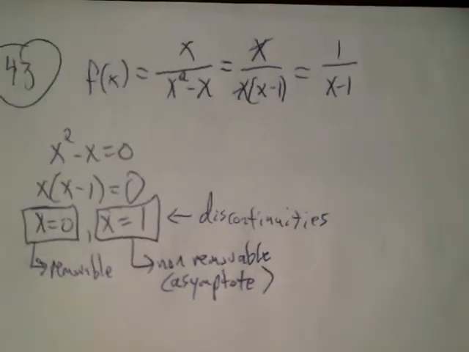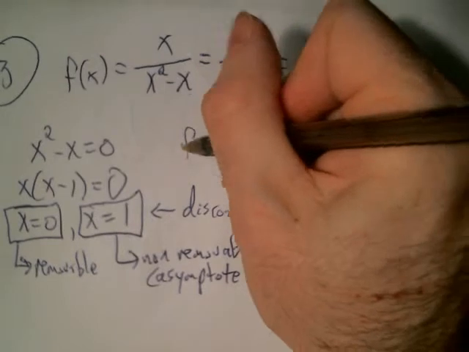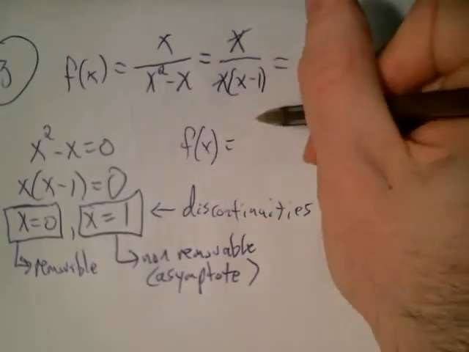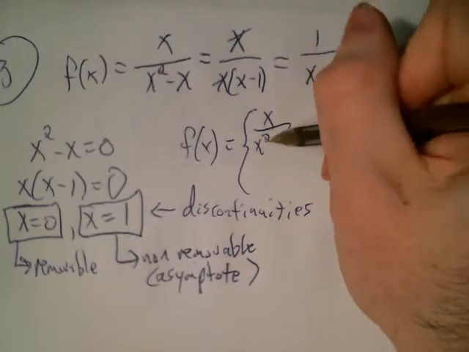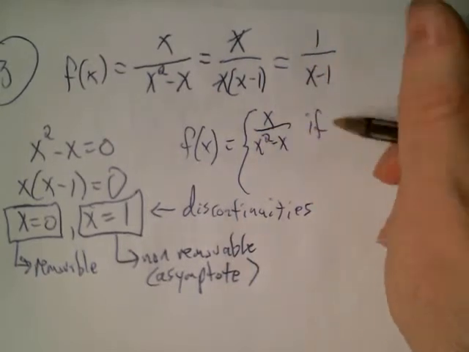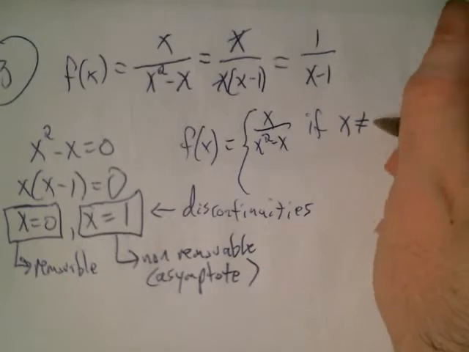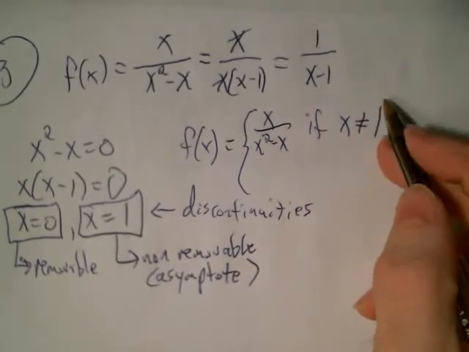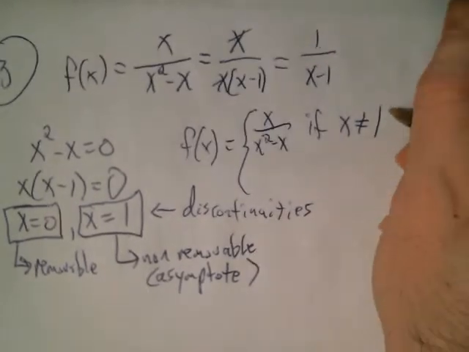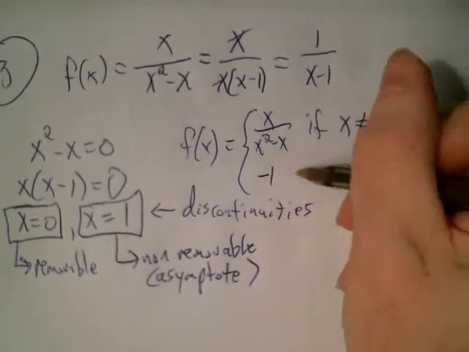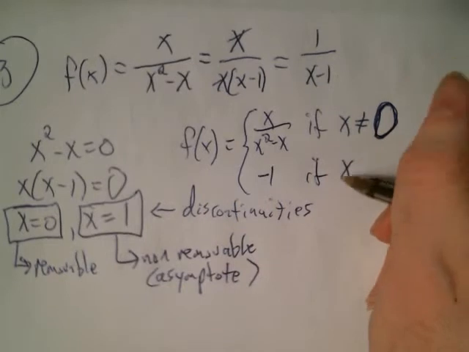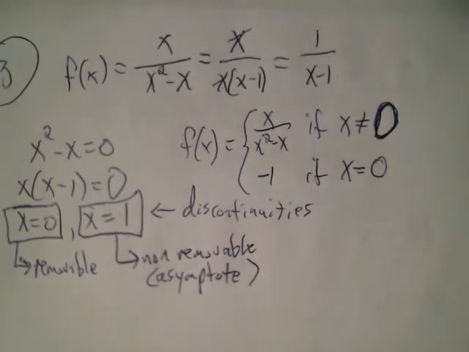You can redefine the function then. You could say f of x is equal to this piecewise function: x all over x squared minus x if x is not equal to 0, and -1 if x is equal to 0. And that will fix it.